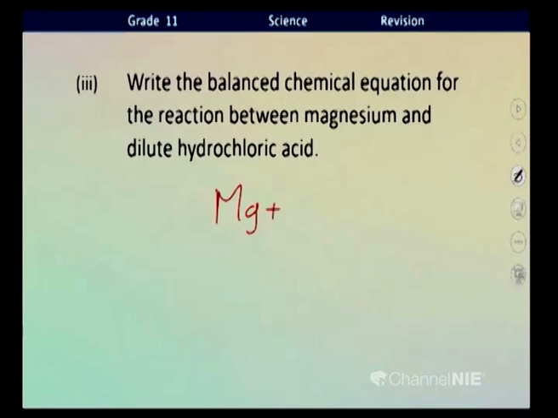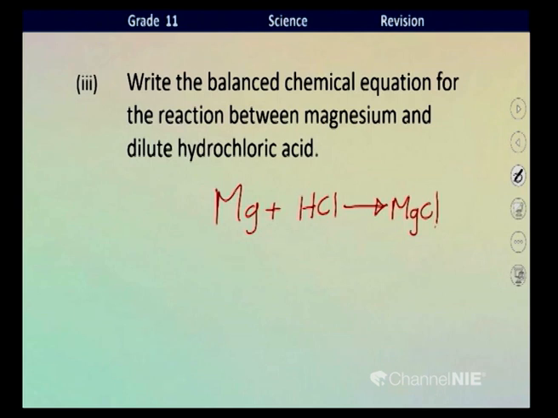Here, when magnesium is reacted with dilute HCl, what are produced? Magnesium chloride plus hydrogen gas. How to balance this equation, children?